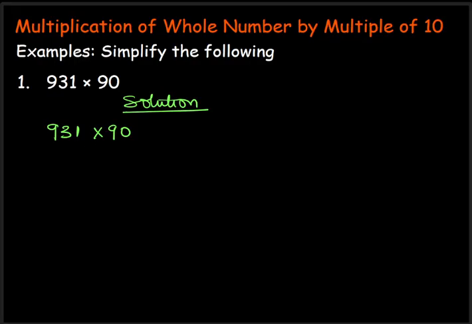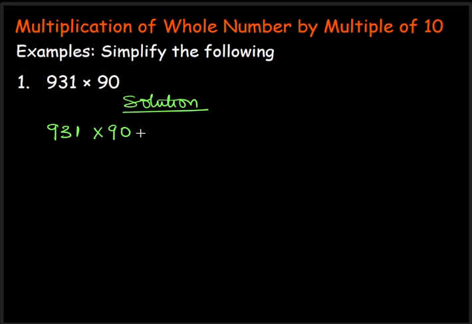That means it doesn't necessarily have to be one and zeros. It can just be any other digit and zero. Example, 90, 100, 200, 300, 850, provided it ends with zero, is still a multiple of 10.